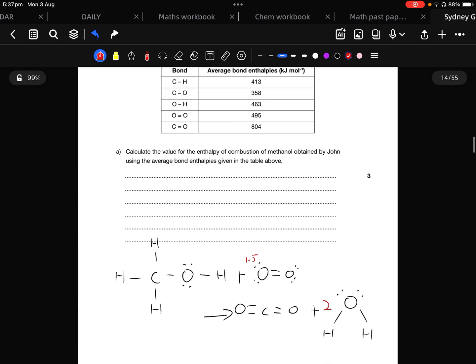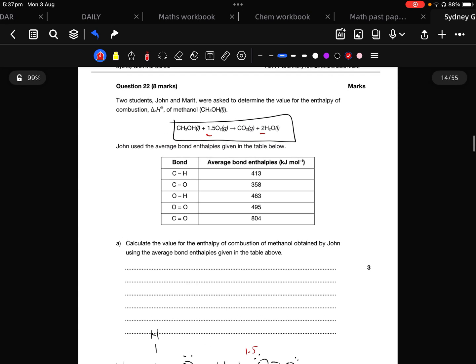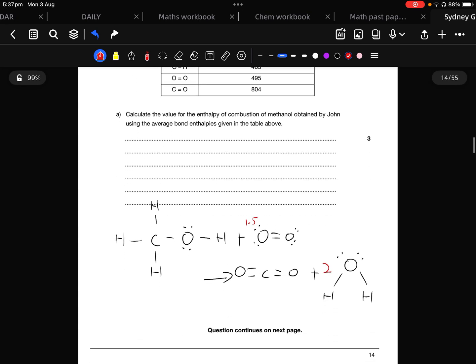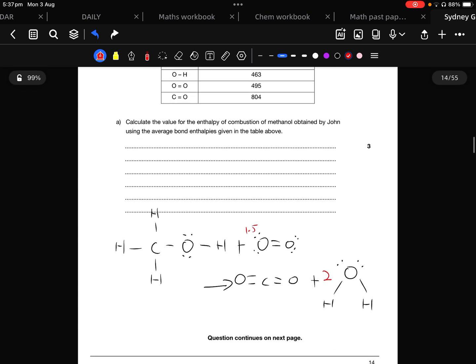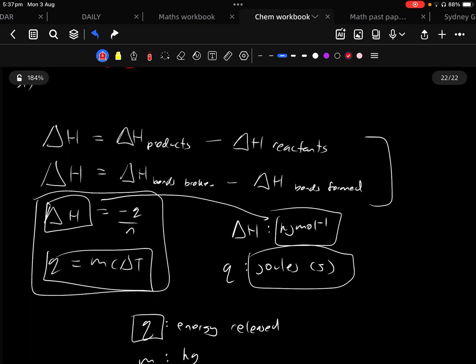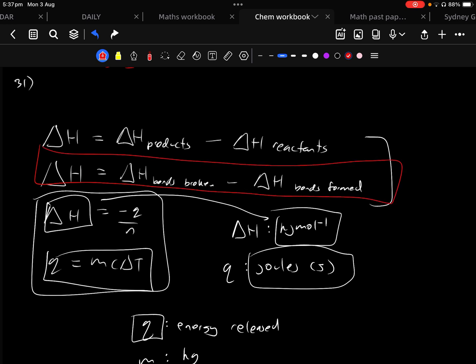So now we know the bonds in all of our reagents. Now we could use our formula where delta H equals bonds broken minus bonds formed.